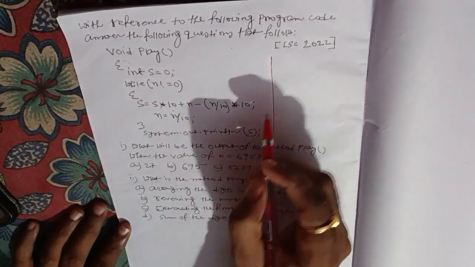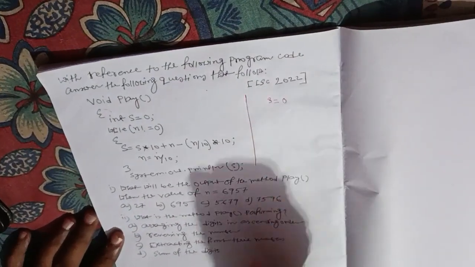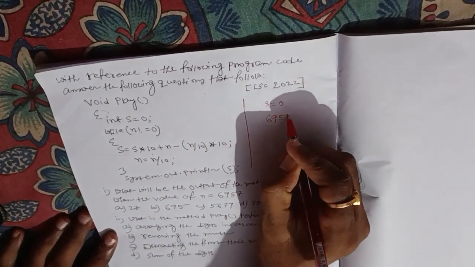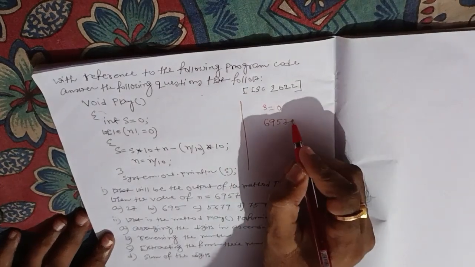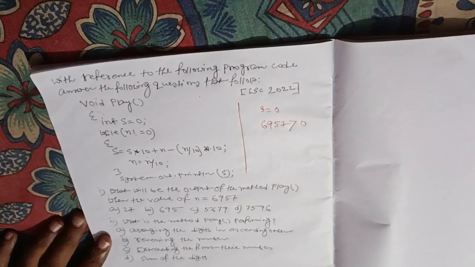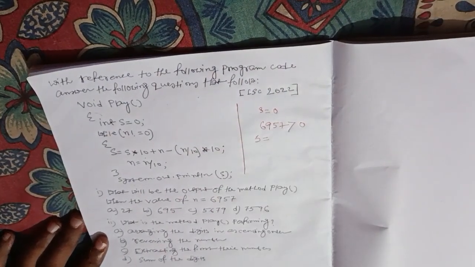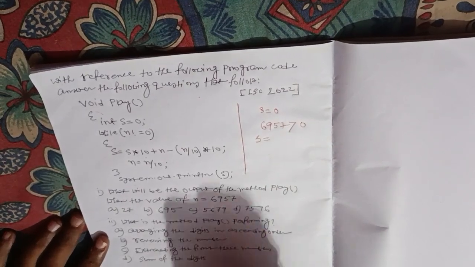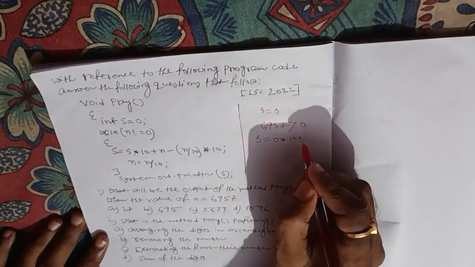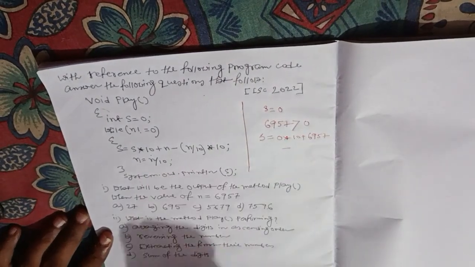Let's check. We can see s equal to 0 here and the given number is 6957. 6957 is greater than 0, so it will enter into the while loop. Now the value of s will be, initial value of s 0, so 0 into 10 plus the value of n, 6957, minus n by 10.